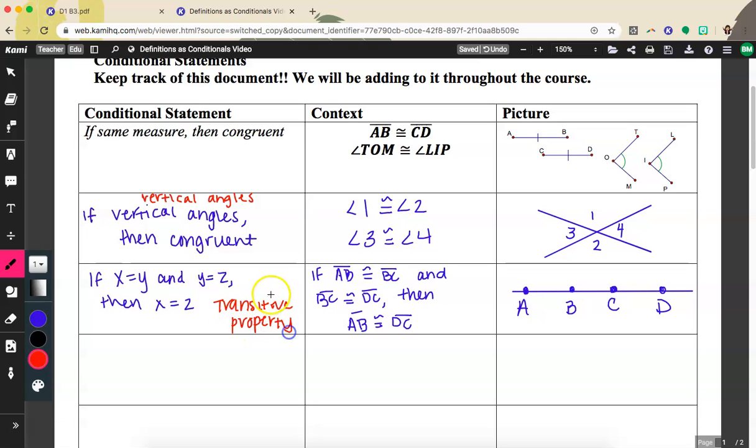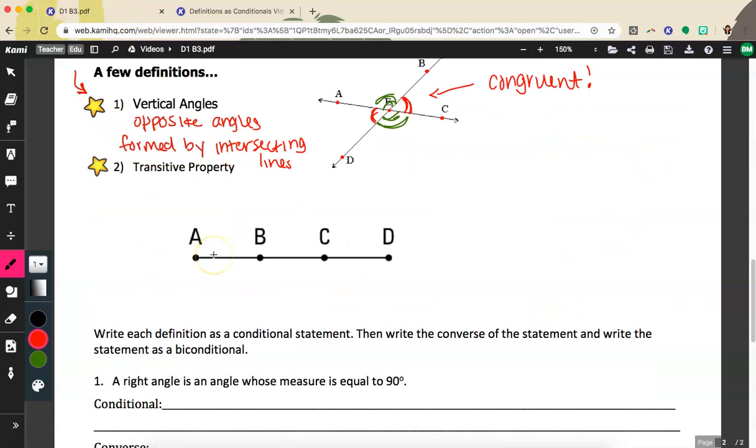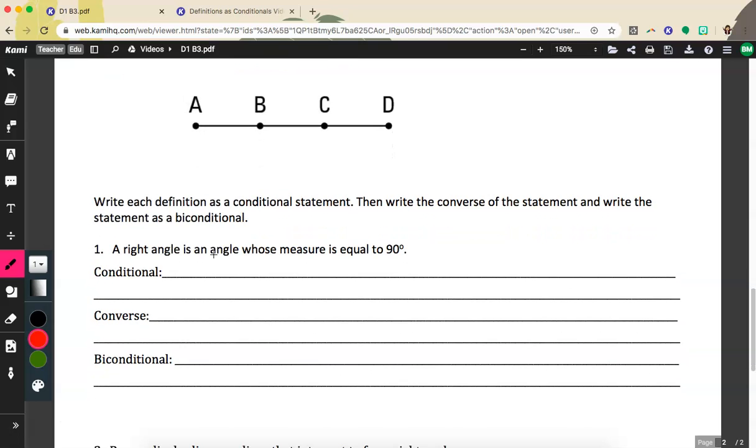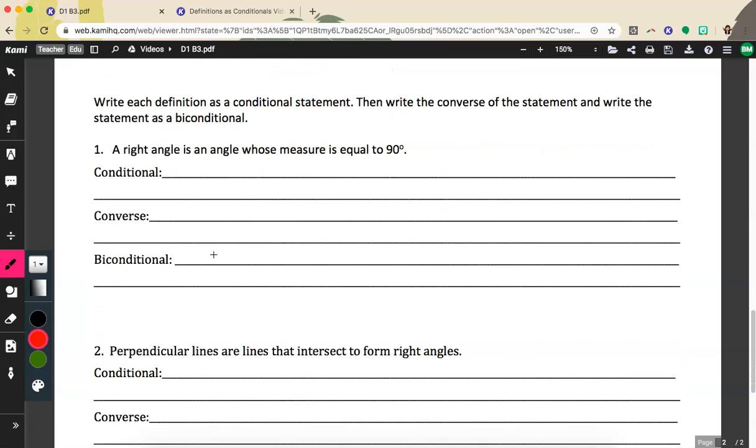Okay, we'll use this one a lot too. Right? So if one thing is equal to two different things, then you can kind of skip that middle piece, the Y here, and just say X is equal to Z. Okay. All right, so last thing here is we'll do a little bit more practice with those conditional statements.